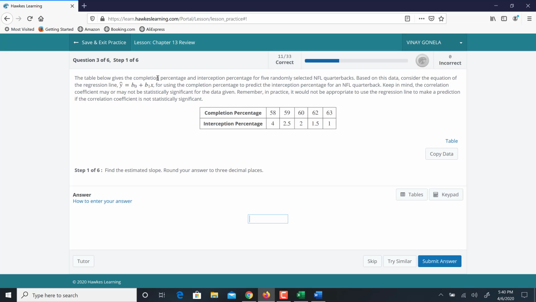Now they are saying the table gives the completion percentage and interception percentage for 5 randomly selected NFL quarterbacks. Based on this data, consider the equation of the regression line for using the completion percentage to predict the interception. So they are asking us to use completion percentage to predict interception. So our y will be interception and our x will be completion percentage.